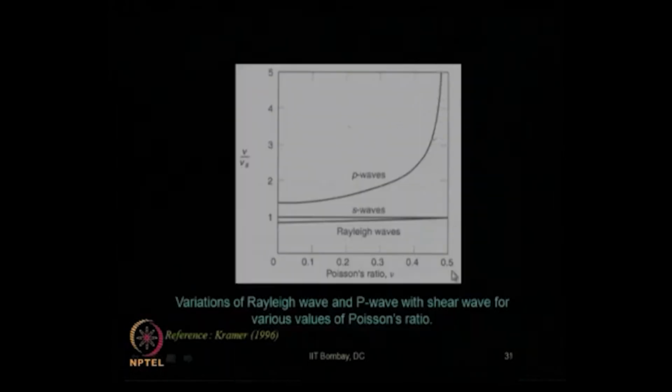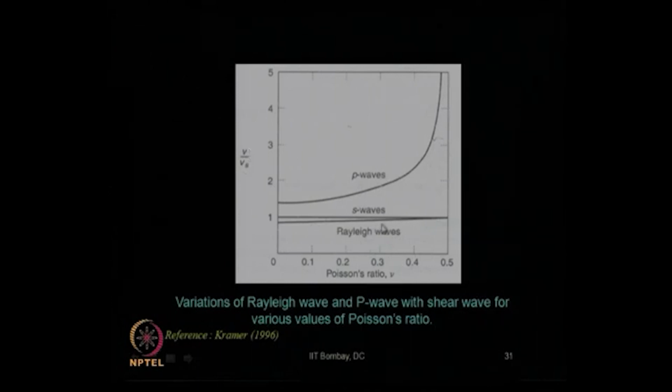So, this relationship is not valid for Poisson's ratio of 0.5, that is, for soft saturated clay you should not use this relationship, because it comes from pure mechanics, whereas it will not be valid for a Poisson's ratio of 0.5. In that case, you need to find the individual values of V p and V s, remember that.